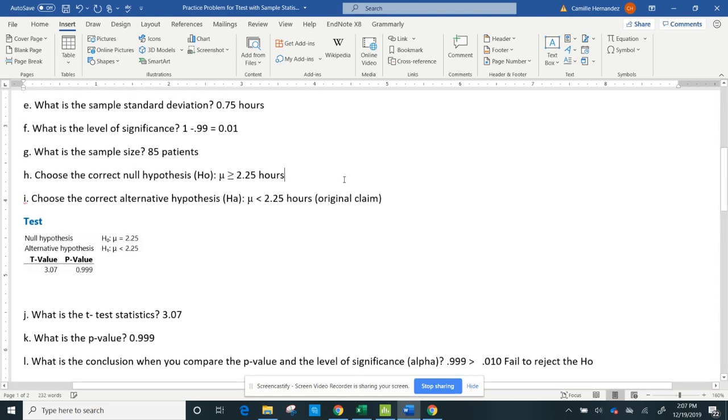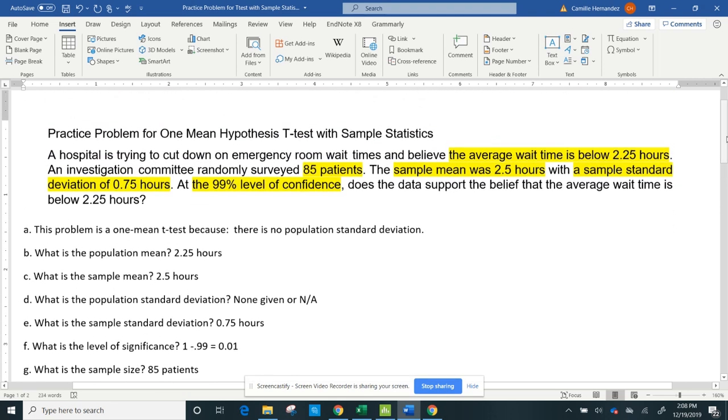So I go back up here and put this is true and this is false. All right, so now when I start to make my conclusion, I know that my original claim is false.